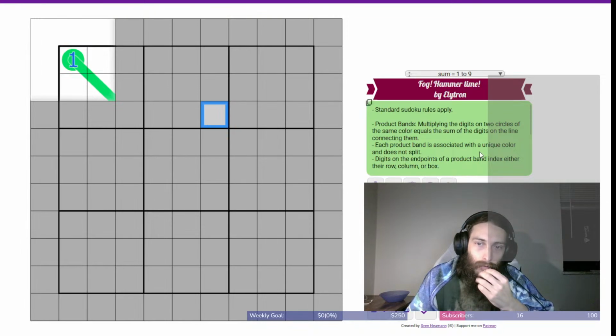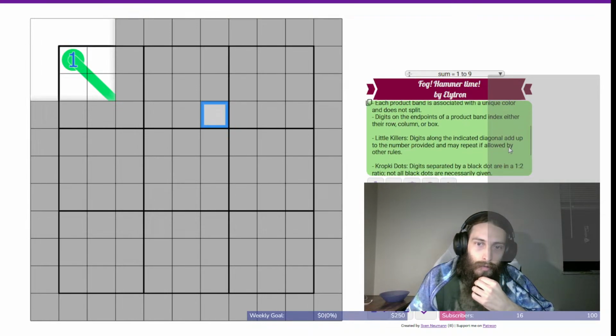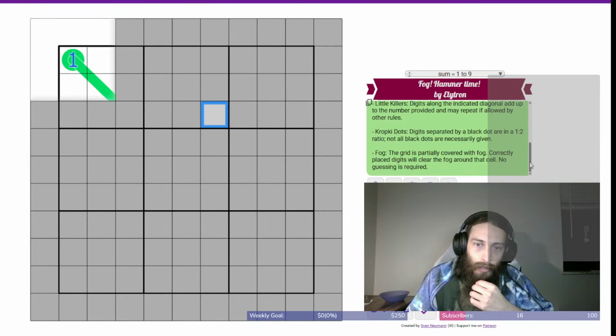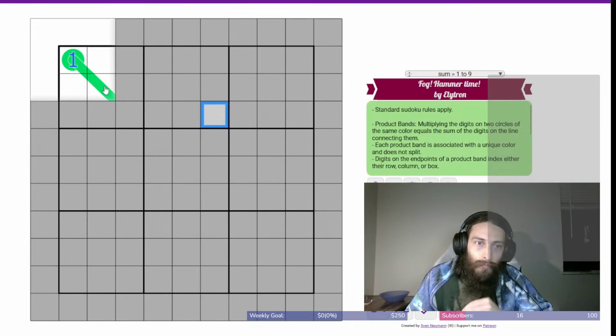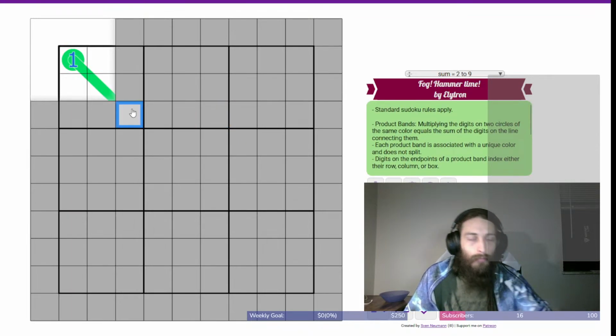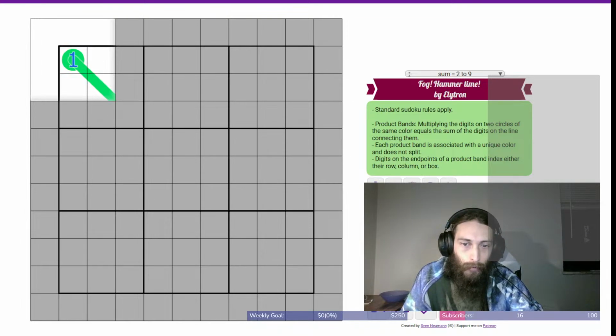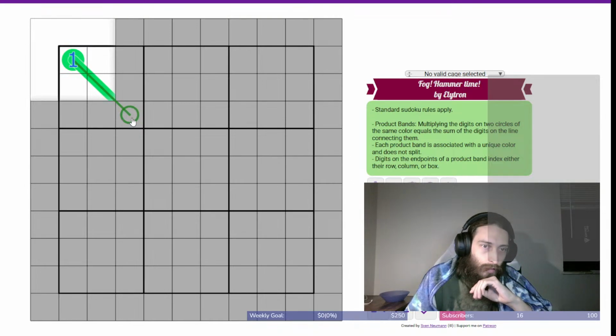Each product band is associated with a unique color. We've got little killers and crocky dots. Well, we know that this isn't going to be the endpoint. It can't go like that and be done, because if it was, that would have to be a 3, and then I'd have to put a 3 there, which obviously isn't allowed.